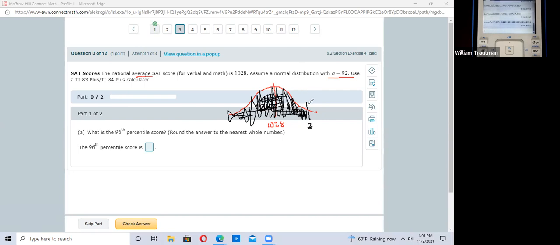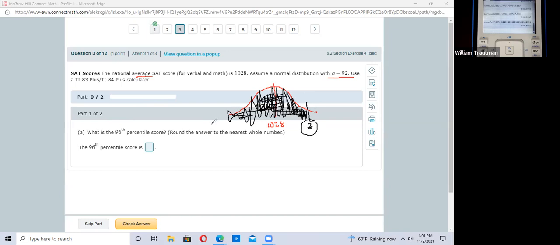And we want to find this score. One way of doing it, we have to find the Z value.